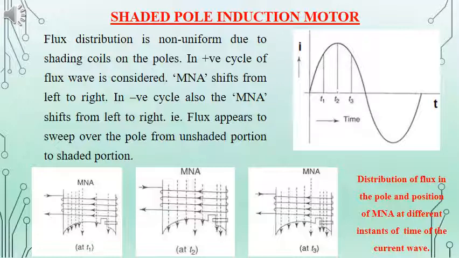That means there will be a sweep of flux in the air gap, from the unshaded portion to the shaded portion. The shift in MNA is shown in the figure with respect to the waveform given, and when we compare the times T1, T2, T3, the MNA shifts from left to right, that is from the unshaded region to the shaded region.